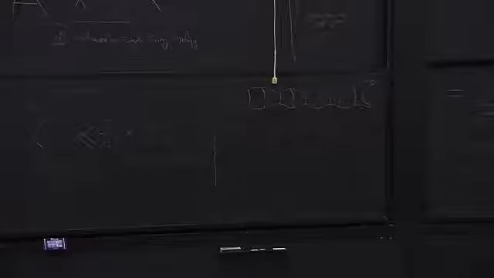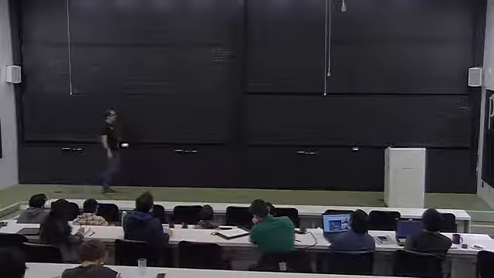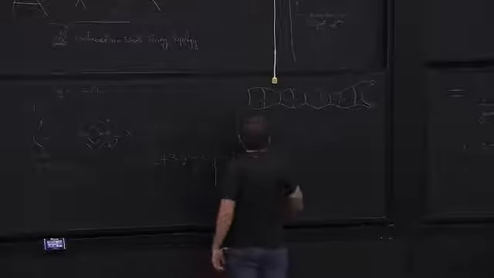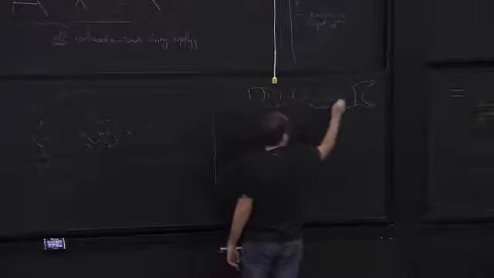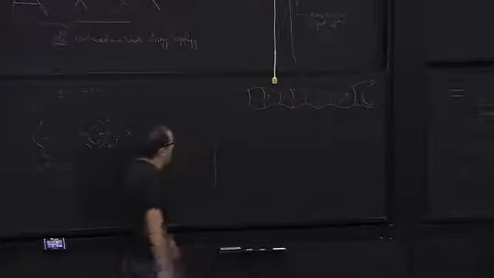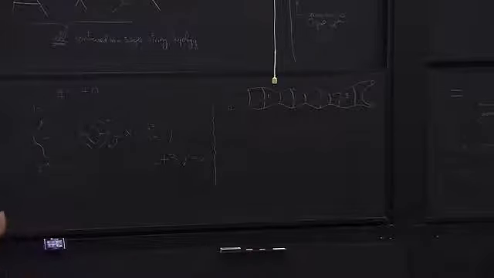How many pairs of pants do we have if we have genus g? So this is 1 hole, 2 holes, g holes. How many pairs of pants do we have in this picture?